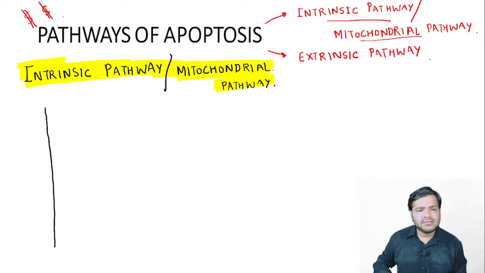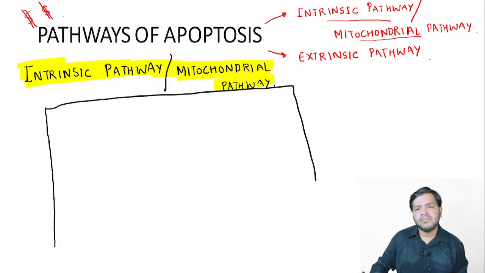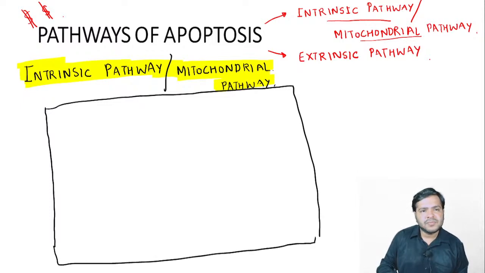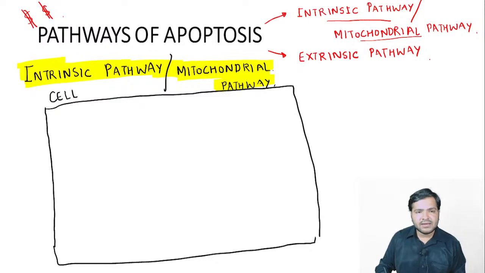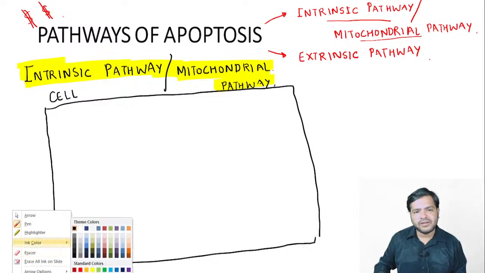So first I will just try to draw a cell, and you already know a cell basically contains. Now suppose this is a cell, हमारा प्यारा cell, and a cell contains a structure that is called as mitochondria. So I will draw a mitochondria inside.